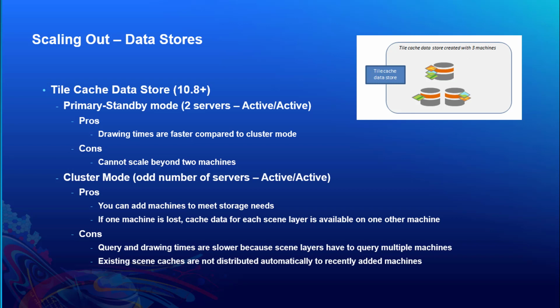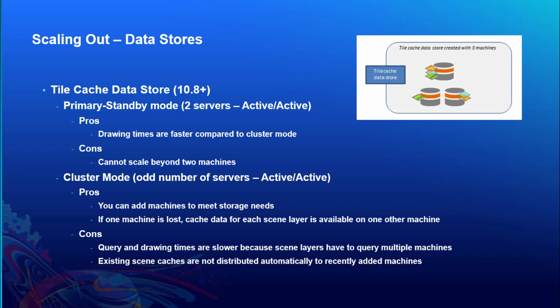So when you look at the types of loads you're going to be using, the number of users, if it's going to go beyond two nodes, we've got to look at this other option, which is called cluster mode, where again we're using an odd number of servers in an active manner. You can add machines to meet storage needs, and if one machine is lost, cache data for each scene layer is available on one of the other machines.